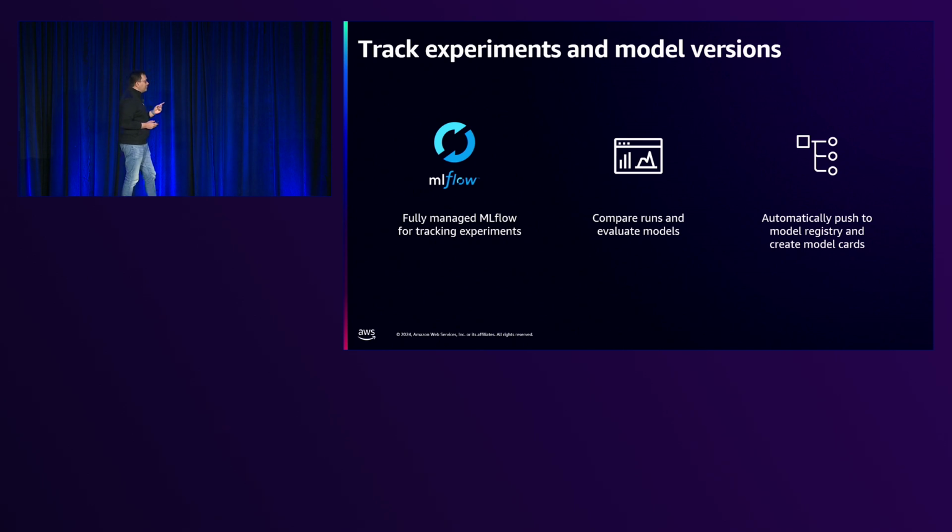With the fully managed MLflow integration, you don't have to manage any of the underlying infrastructure for MLflow tracking servers. You can use the familiar MLflow SDK and the MLflow web app to start tracking, comparing, visualizing, and evaluating your models, and even register those model versions into the SageMaker model registry for taking any further deployment steps.